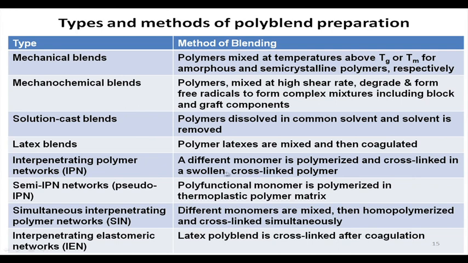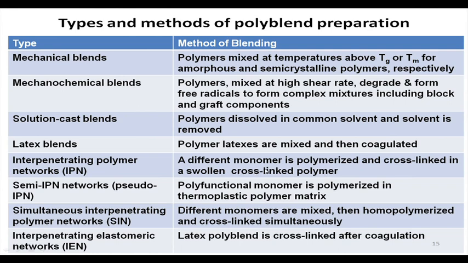So, we take a cross-linked polymer, say polymer P2 or polymer P1, any of the two polymers in cross-linked stage, we place it in the monomer of the second polymer, which will swell this cross-linked polymer.